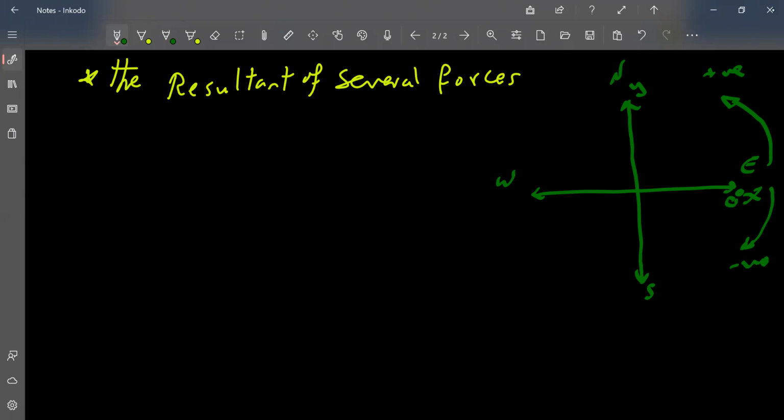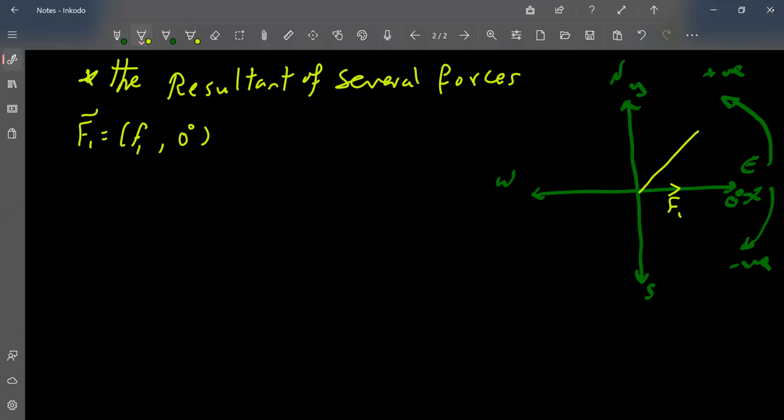In this case, our challenge is to determine each force and the angle it makes with the positive direction of the x-axis. So if we have F1, then F1 in polar form equals its magnitude F1 and its angle 0.